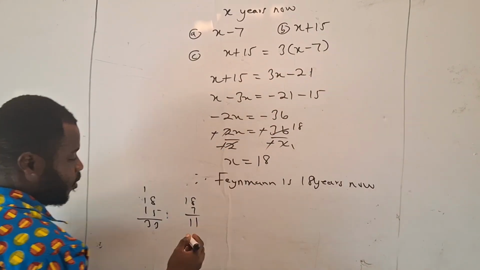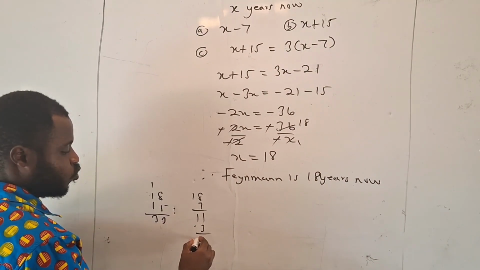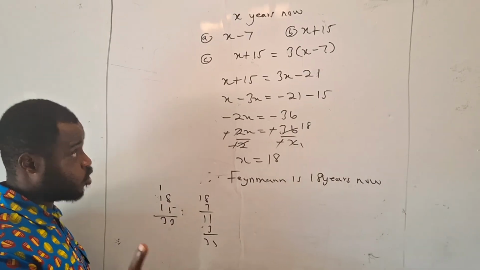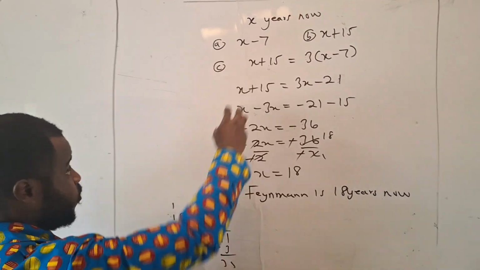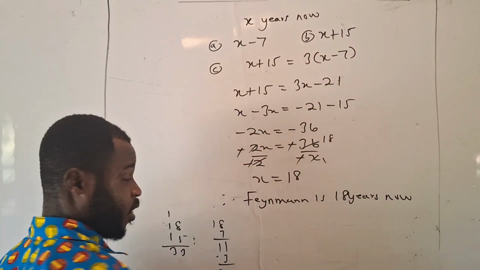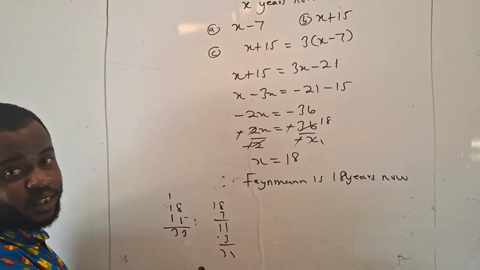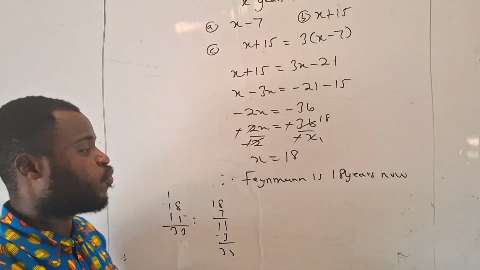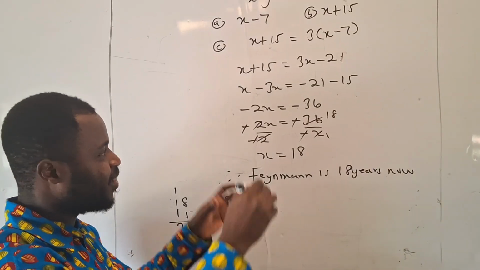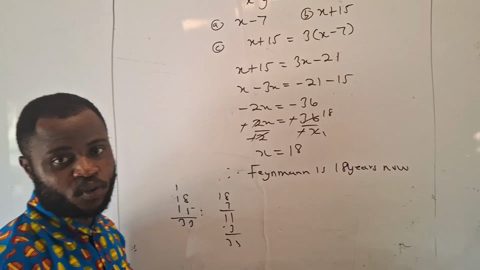Then times 3, which will also give us 33. So it is true. His age in 15 years time will be 3 times his age 7 years ago. So 33. You see, our answer is correct. So Find Man is 18 years now. So this is how we solve this question.